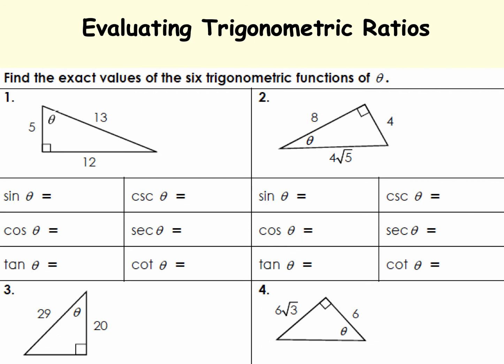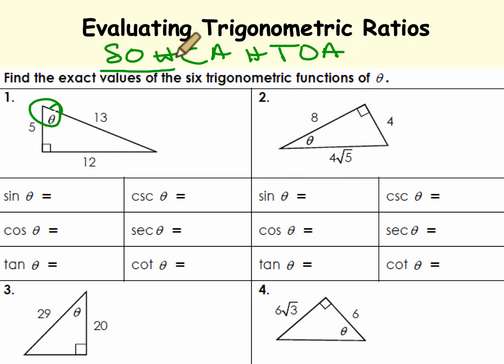Now let's put them to use. Here's my angle, and I want to know its sine. So I know from SOHCAHTOA, or I just remember, sine is opposite over hypotenuse. So if I'm here, my opposite would be 12, and my hypotenuse is always going to be 13. Okay, if I want the cosine, I want adjacent over hypotenuse.